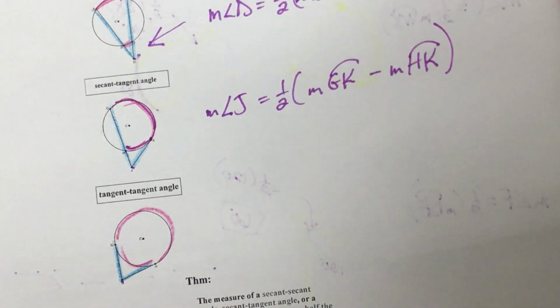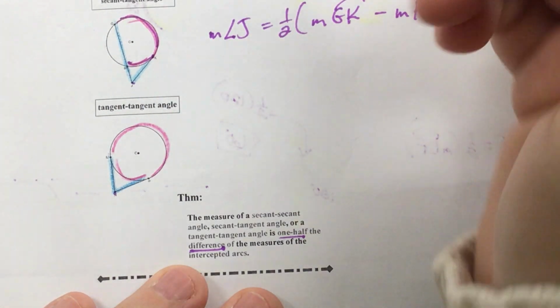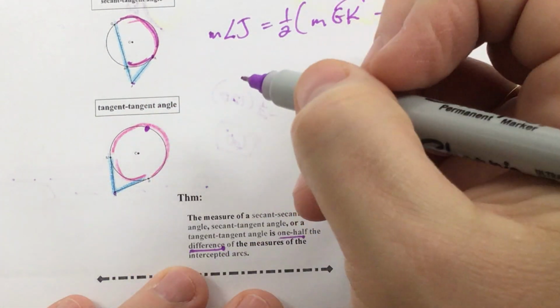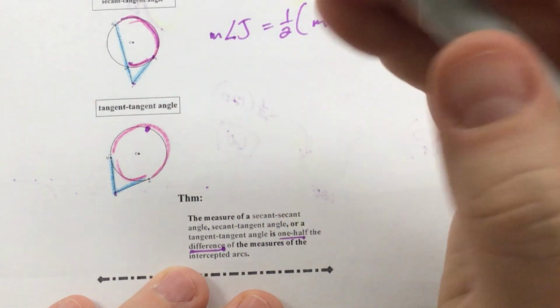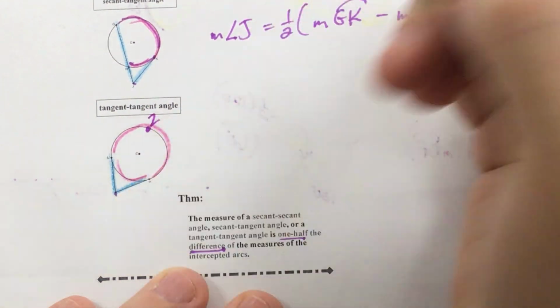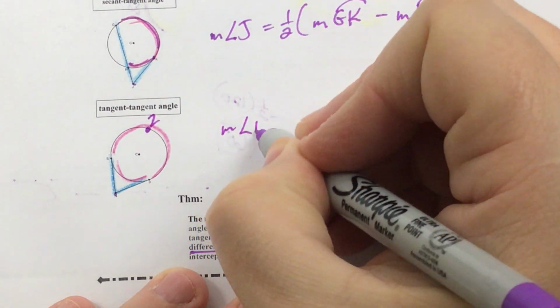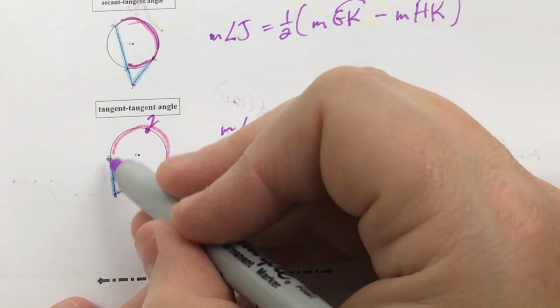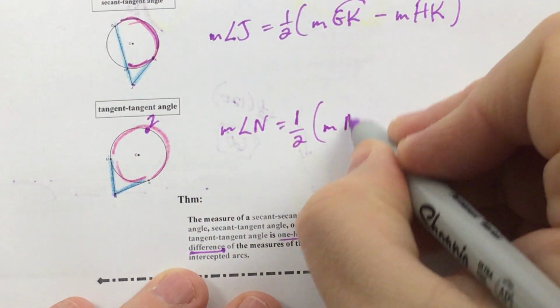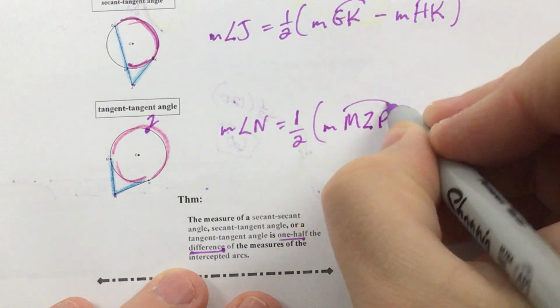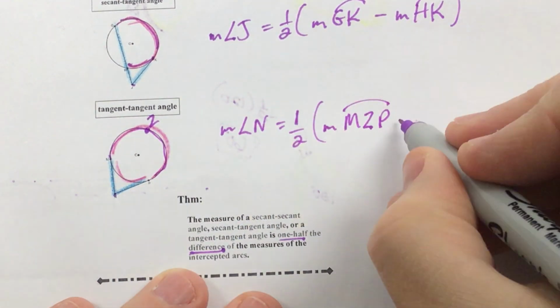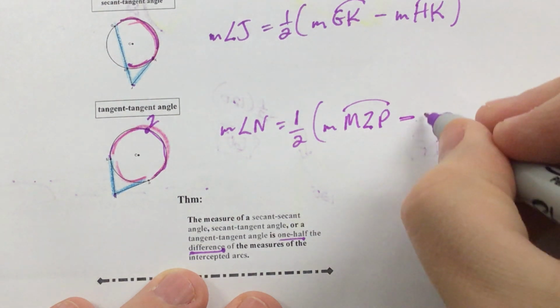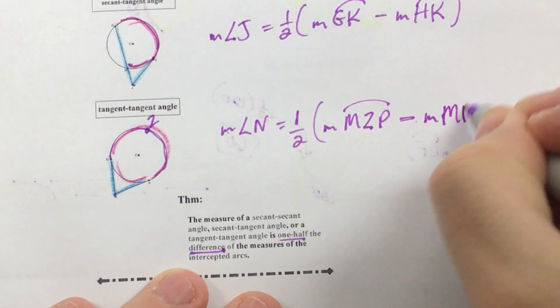And then the last one, if I put another point out here, let's call it Z, I don't know. So the measure of angle N, which is out here, is again half the difference. So the bigger arc would be arc MZP. Again, that's the major arc, minus the minor arc, which is arc MP.